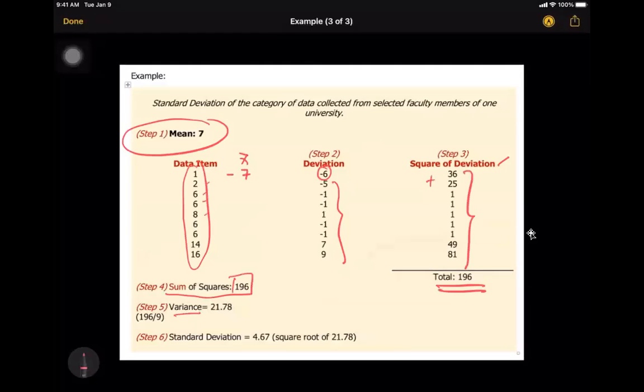So this is 196 divided by 9, because we have 1, 2, 3, 4, 5, 6, 7, 8, 9, a total of 9 items. So we get 21.78. In order to come up with our standard deviation, we take the square root of 21.78, and that's 4.67.